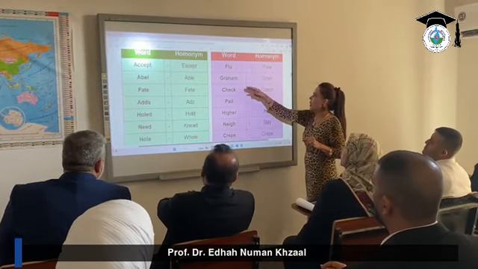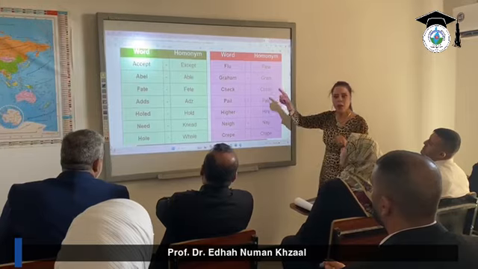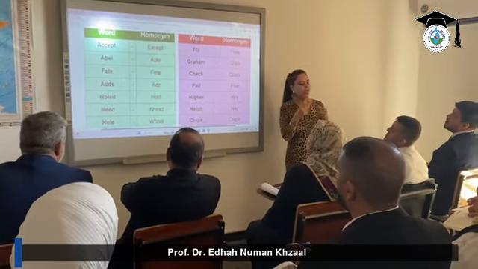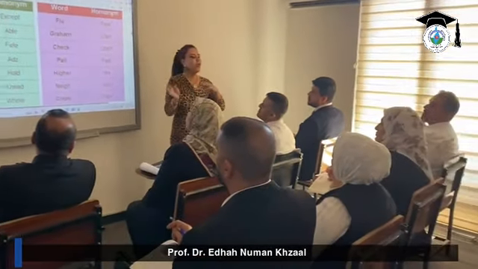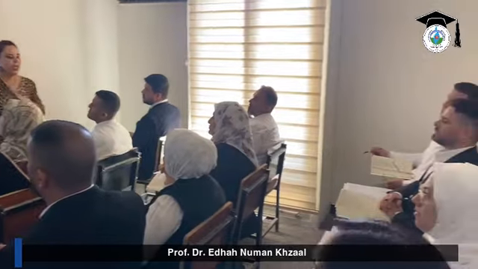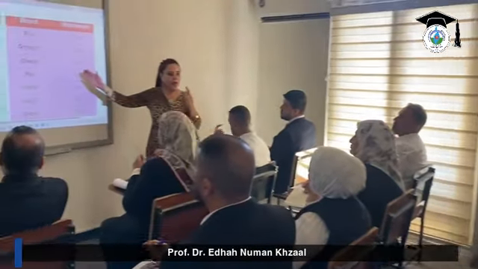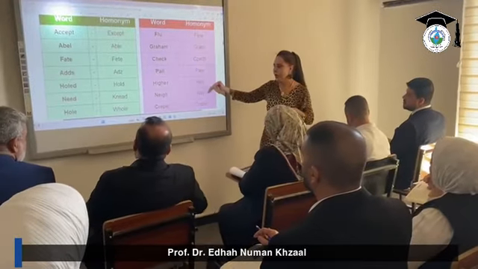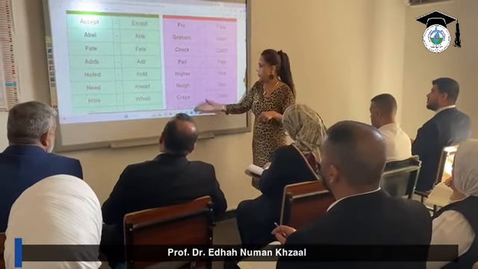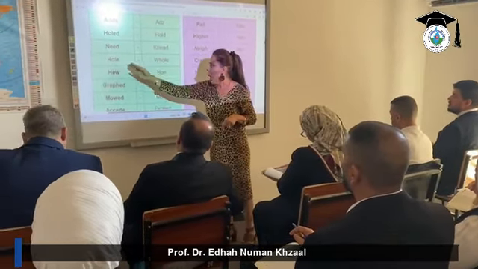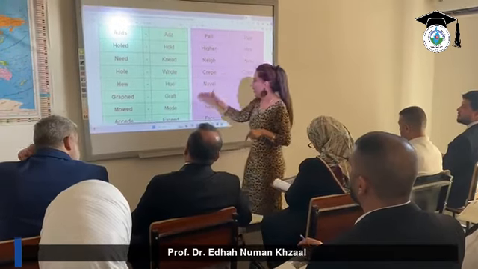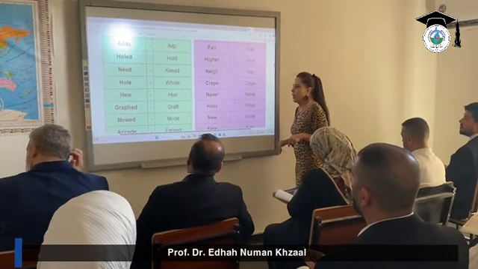Each one has the same sound, but each one has a different meaning. That doesn't mean it has the same meaning; no, it has the same sound but a different meaning. We have a list of different words in English.